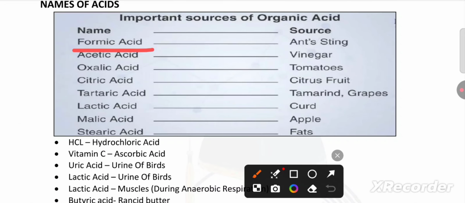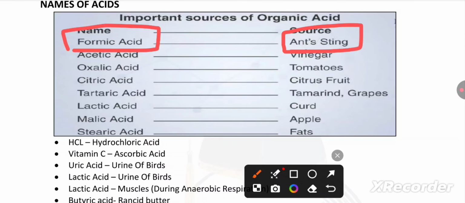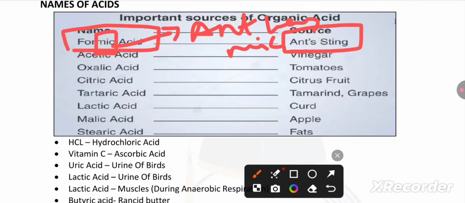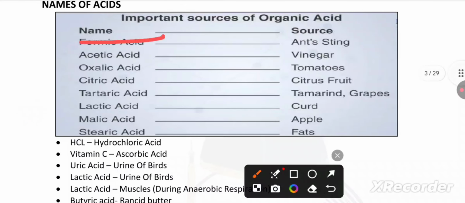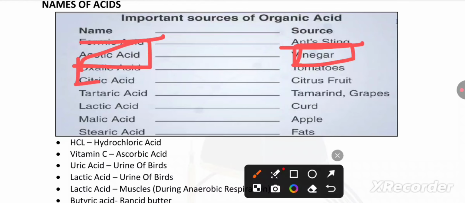Formic acid is present in ant sting. When an ant bites, we feel that irritation. That is because of this formic acid. Ant has mic, that is a little bit of a shortcut. Formic acid, and acetic acid, vinegar. Oxalic acid, tomatoes.